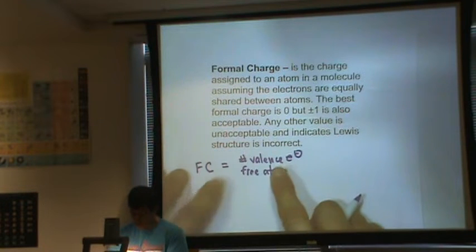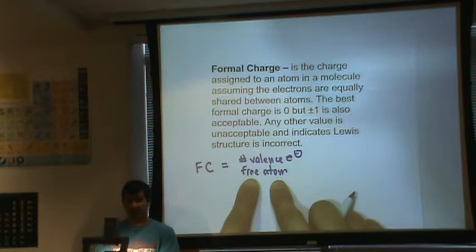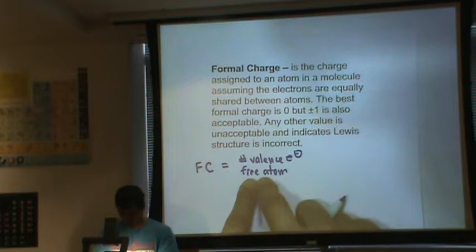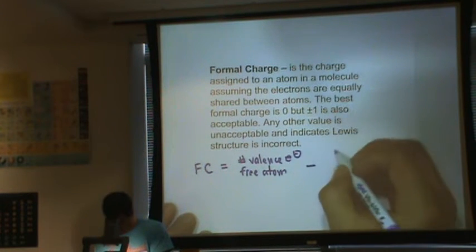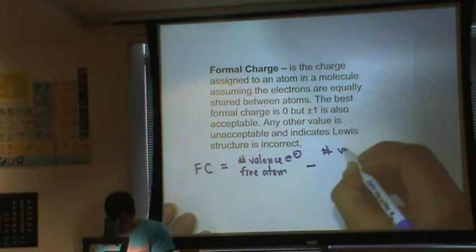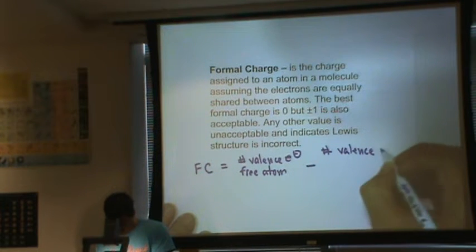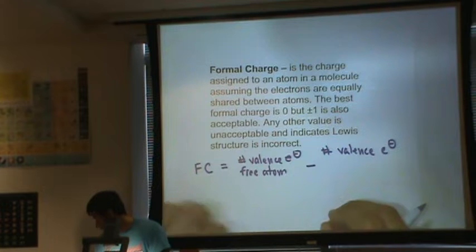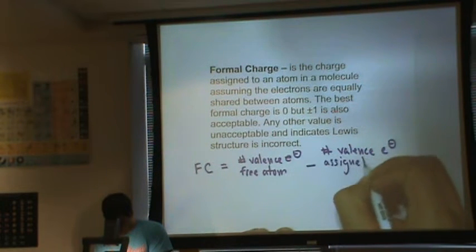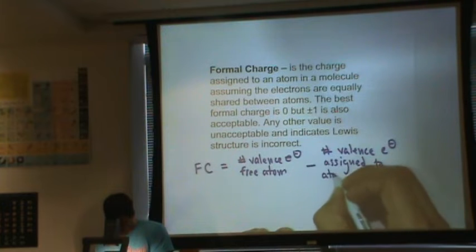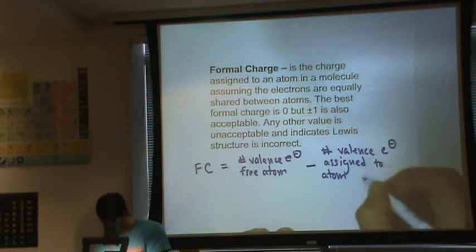So if I were to talk about oxygen, oxygen has 6 valence electrons, so you would put 6 right here. Minus the number of valence electrons assigned to the atom in the molecule.